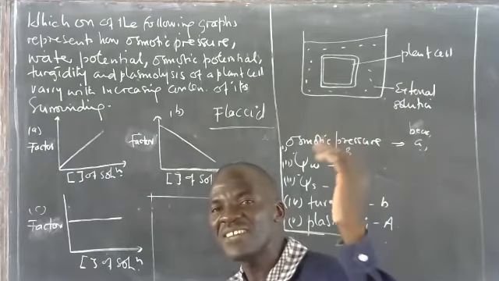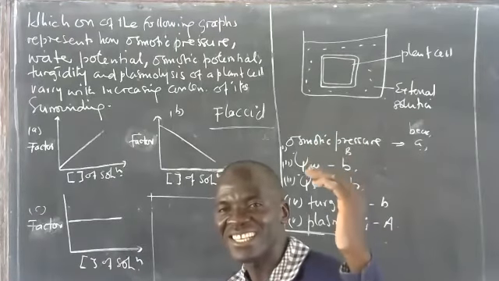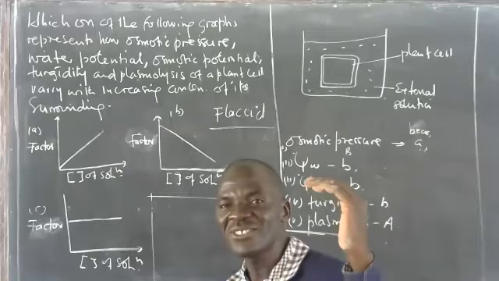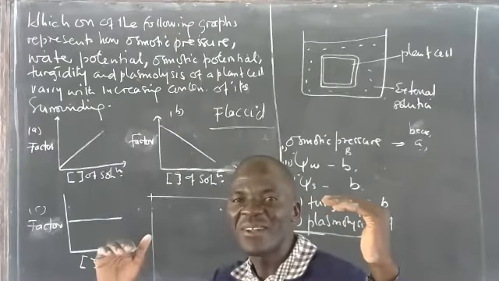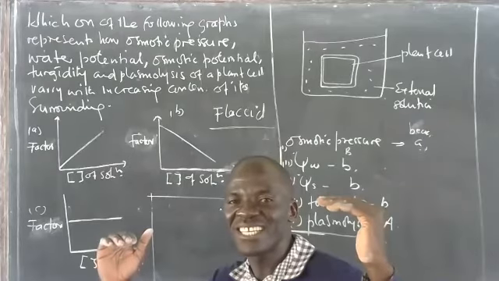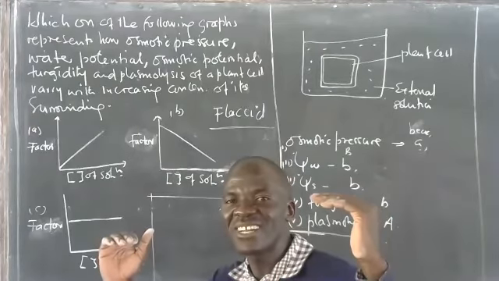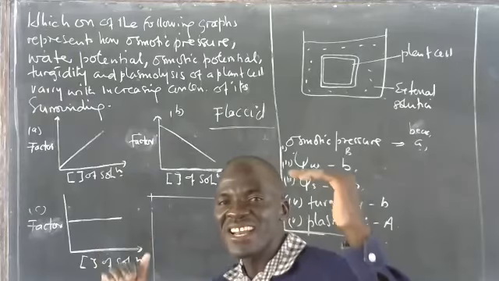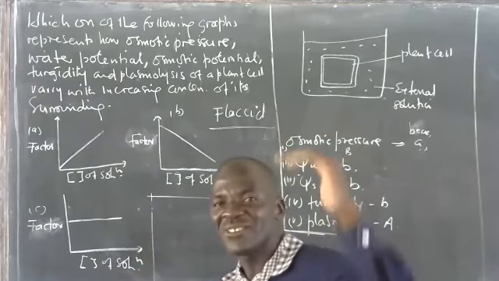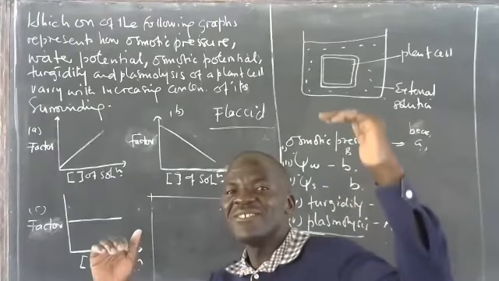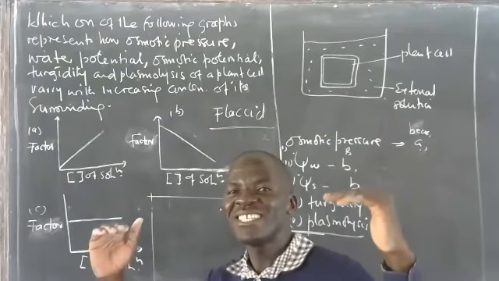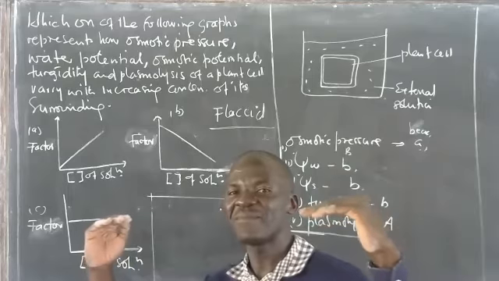So as the one on the left loses water, its concentration is decreasing. And as the one on the right receives water, its concentration is decreasing. So you find that it will decrease until they become the same.